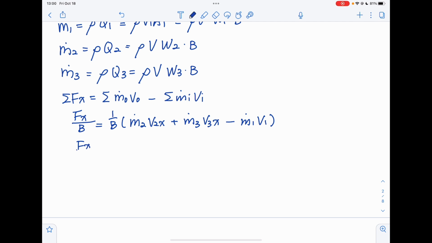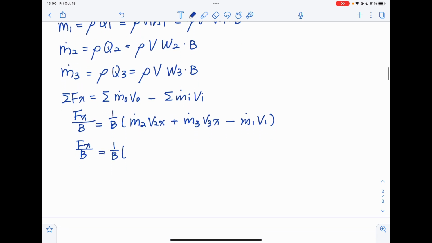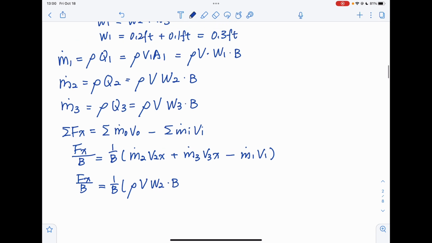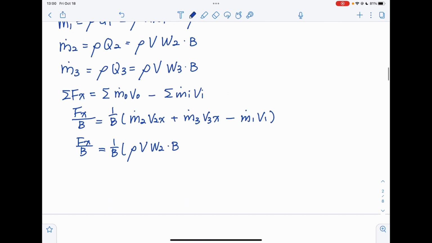So Fx over b will equal 1 over b times m dot 2, which is rho v2 times b, times v2x, which was calculated here as v times cosine 60.